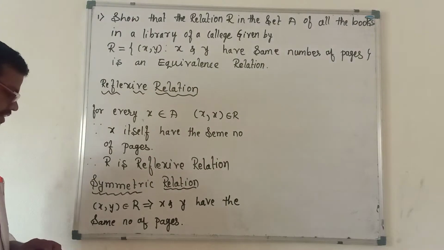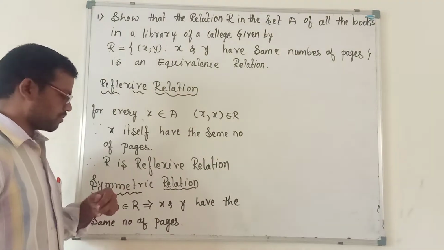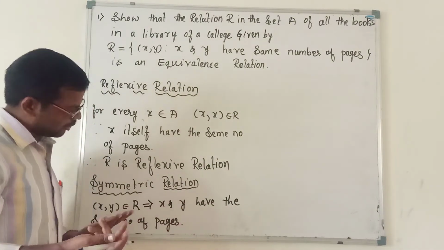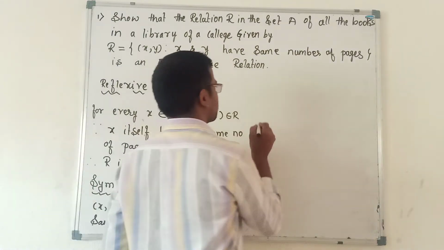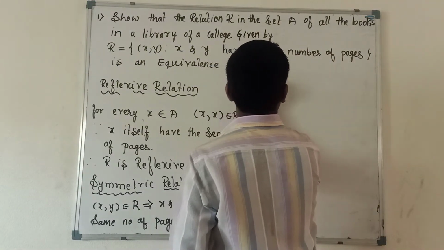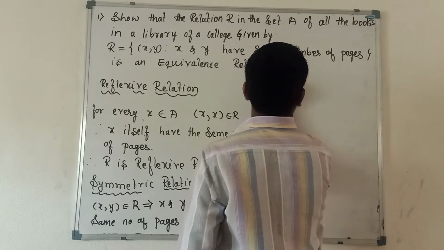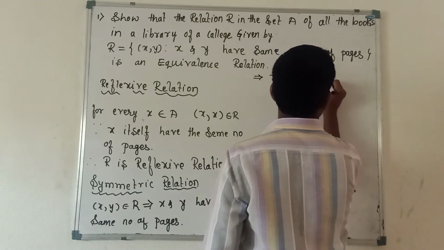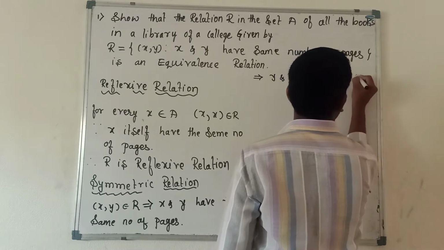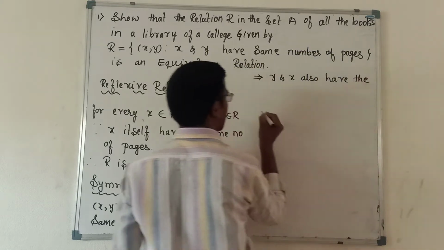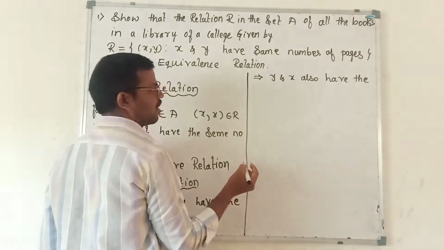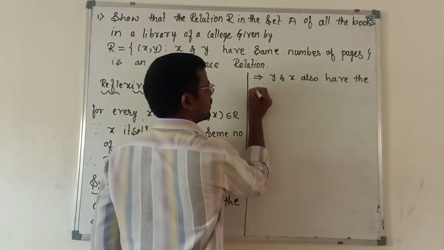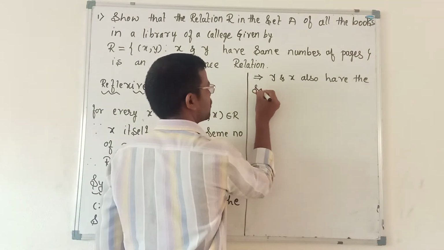So if x and y have the same number of pages, what about y and x? Automatically, it implies that y and x also have the same number of pages.